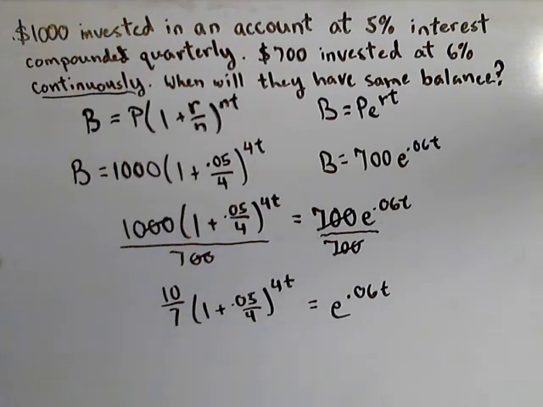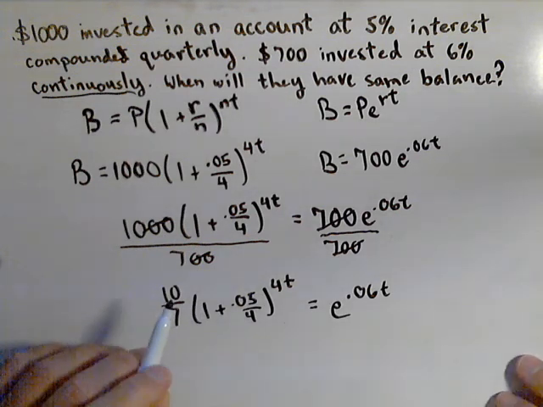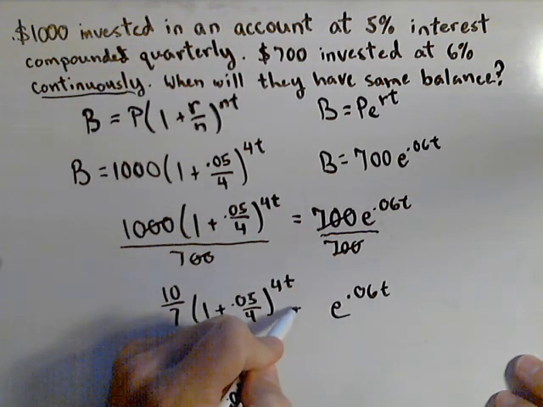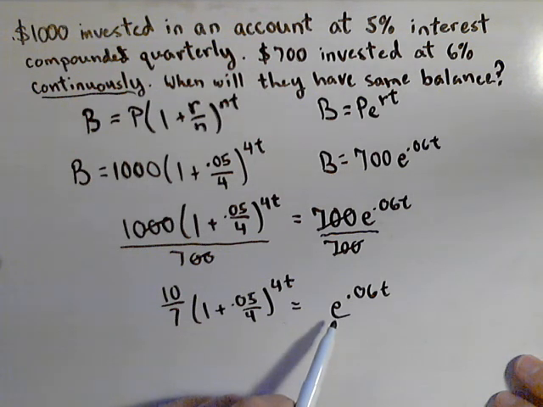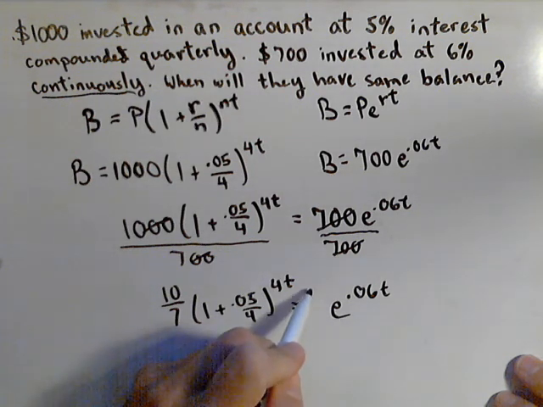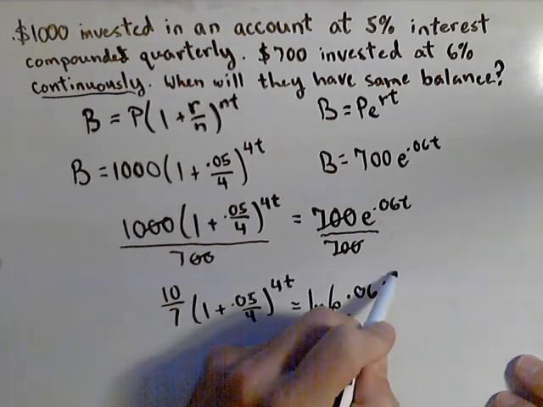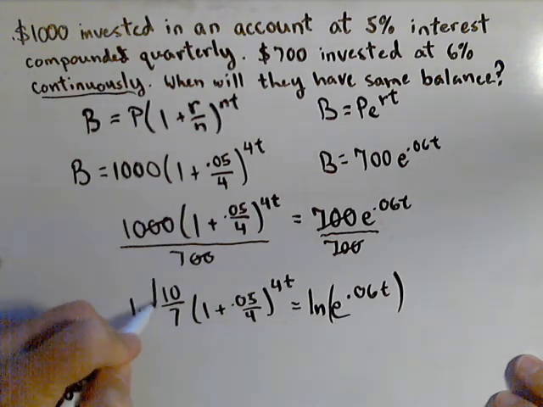Now we're going to use logs to help us simplify so that we can get nicer numbers to deal with, and we can simplify what's inside these parentheses as well. Because I have this exponential isolated, I'm going to take the natural log of both sides.